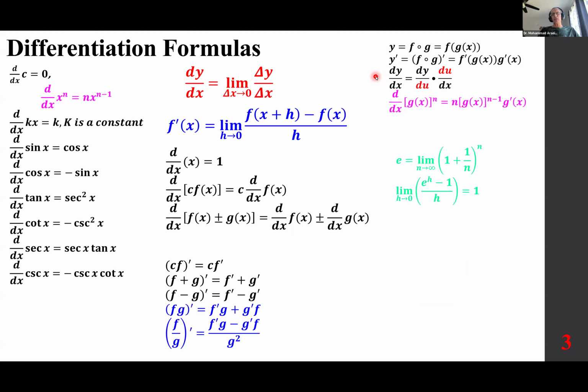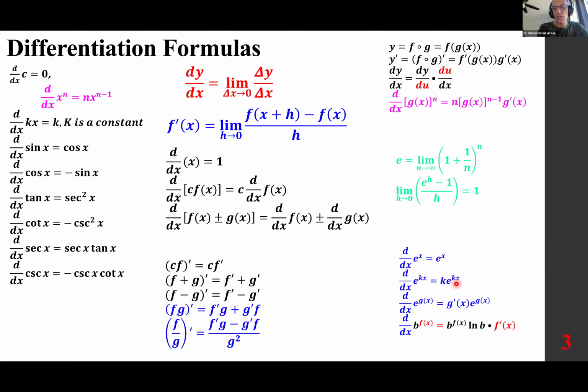We define e in various formats. One of them: e is the limit of 1 plus 1 over n to the power of n as n approaches infinity. The second format is a number such that the limit of e to the power of h minus 1 over h as h approaches 0 equals 1. The derivative of any exponential function starts with itself, meaning if it's e to the power of x, the answer is itself.